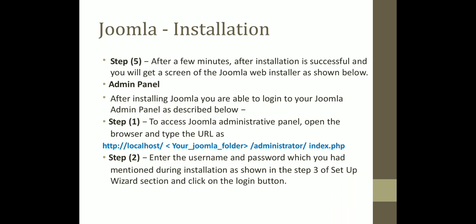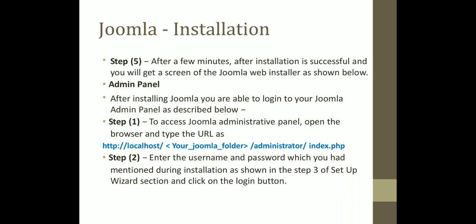After installing Joomla, you are able to log into your Joomla admin panel as described below. Like step 1, you have to access the Joomla administrative panel: open the browser and type the URL as http://localhost/joomla_folder/administrator/index.php.